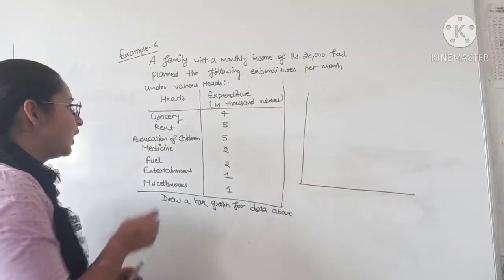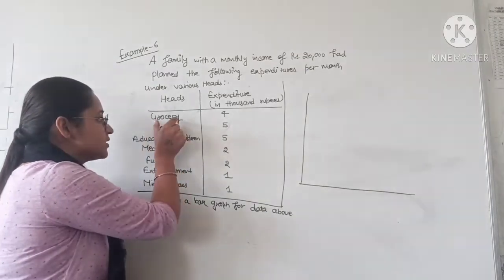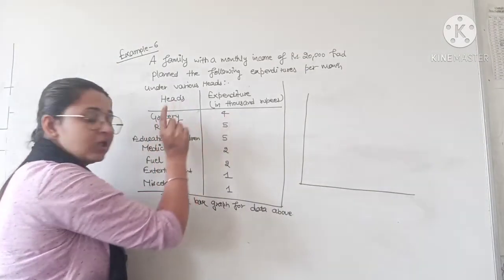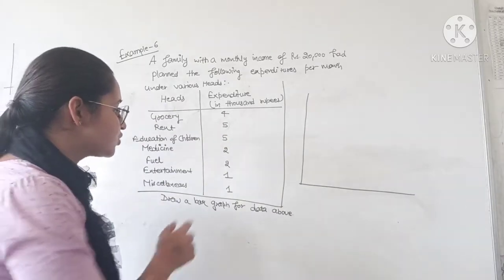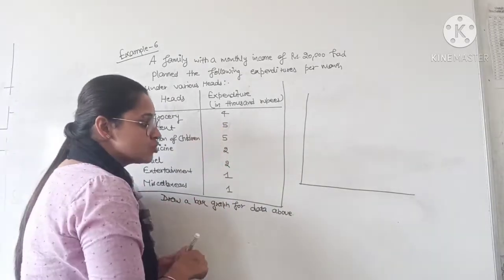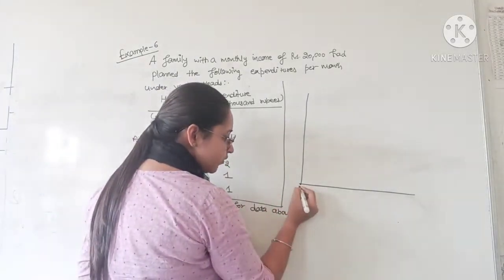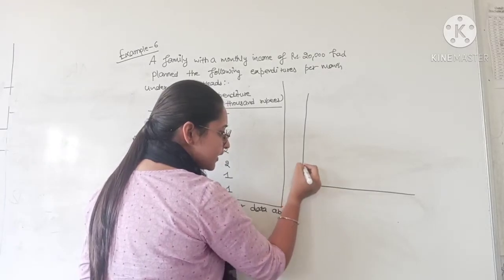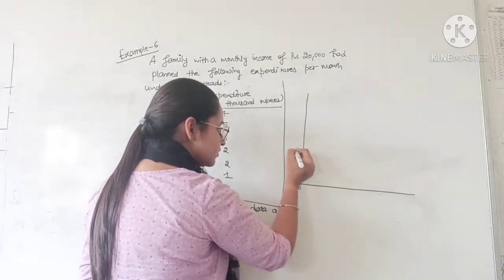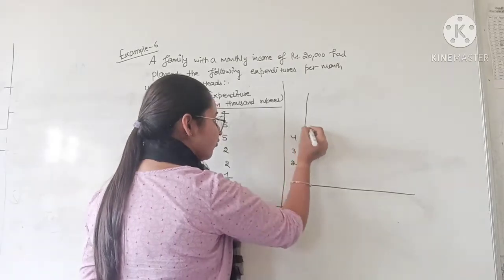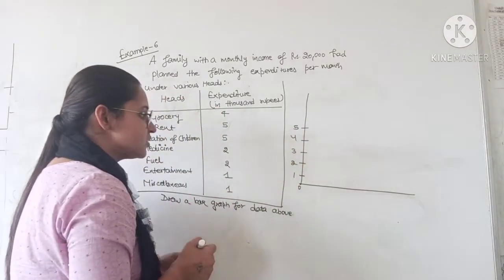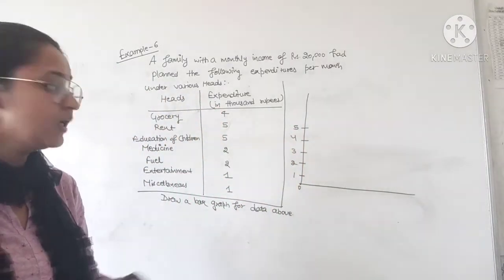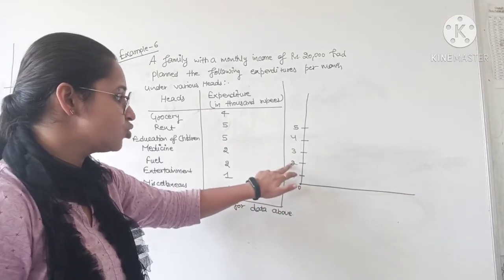Now the first part is grocery, where they are spending 4,000 rupees. Taking 0 here, then 1, 2, 3, 4, 5. What do these 1, 2, 3, 4 and 5 represent? 1 means 1,000 rupees, 2 means 2,000.